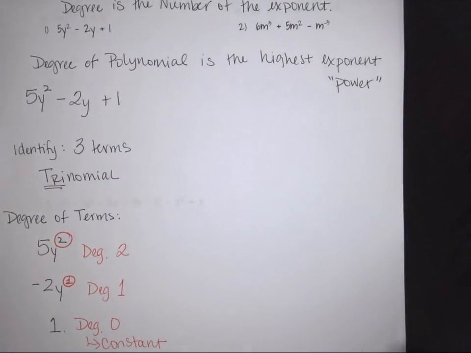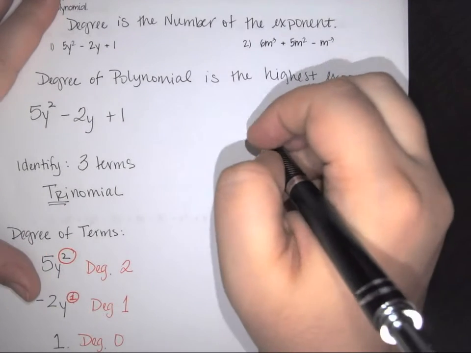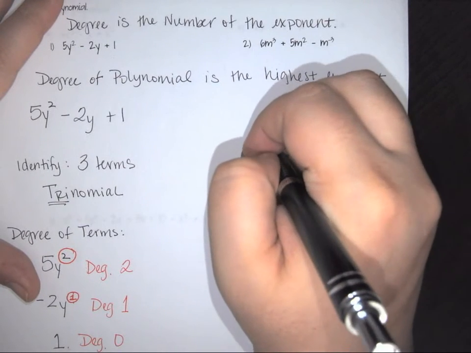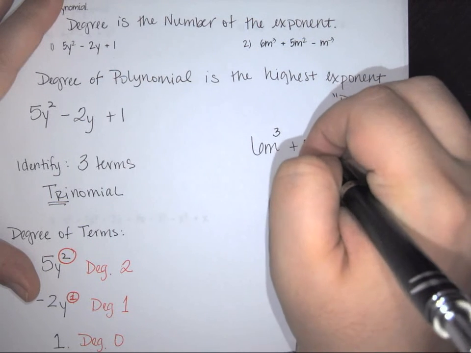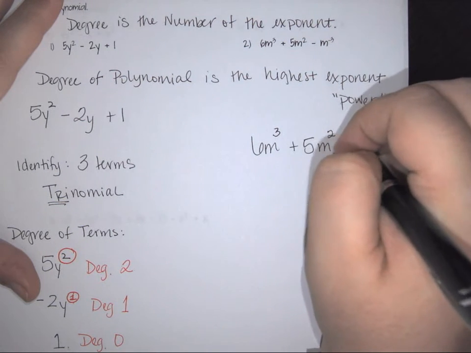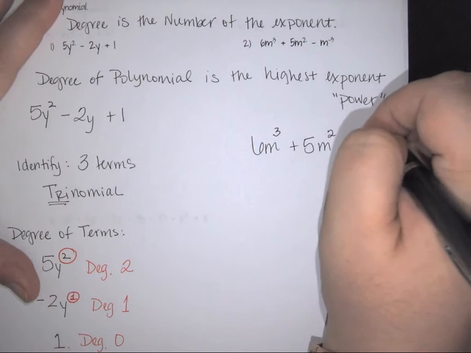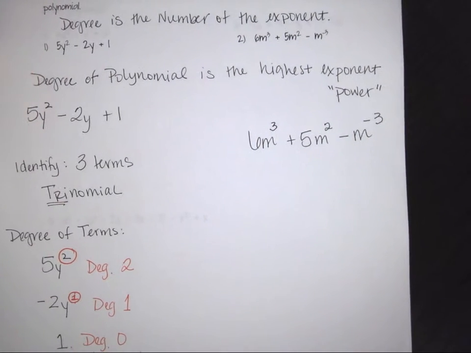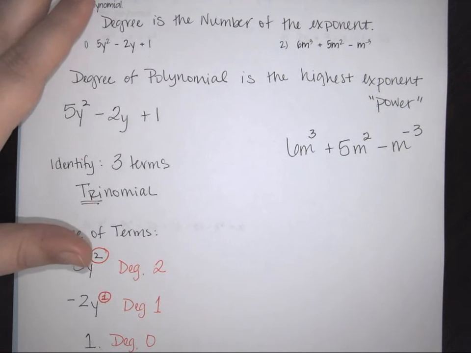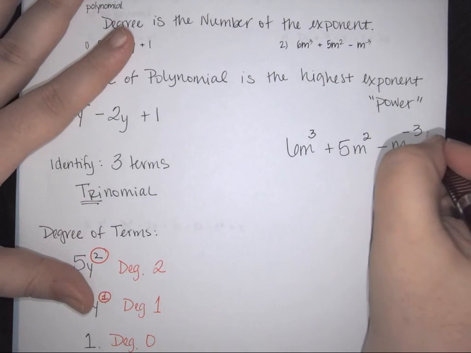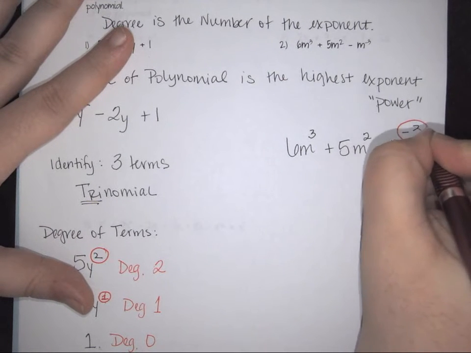Alright, let's look at another one. In this case, I have 6m cubed plus 5m squared minus m to the negative 3. Now your instincts might tell you that this would be 3 terms. However, we've got a problem term. My problem term is right here.